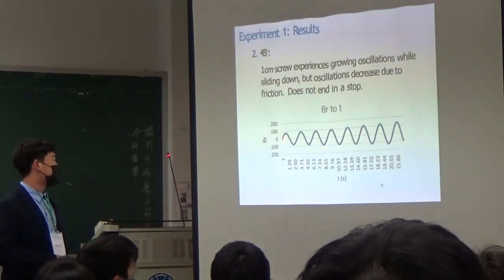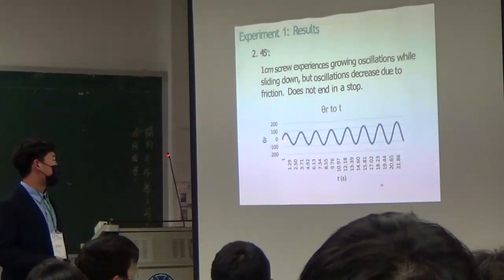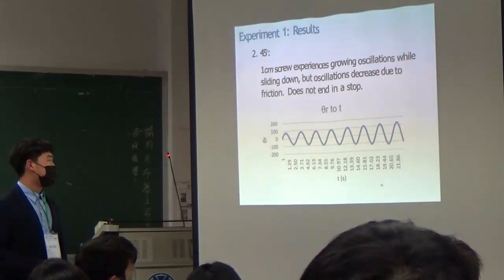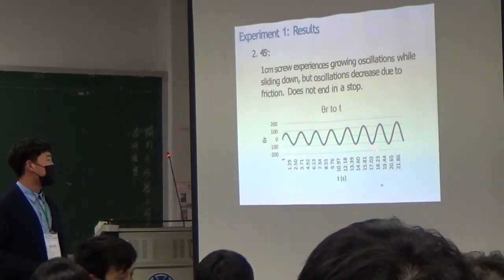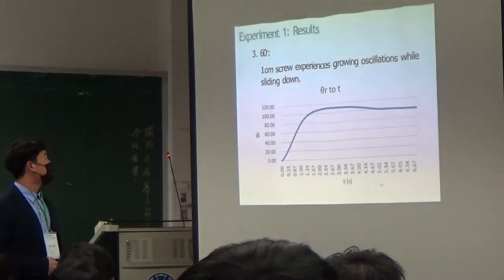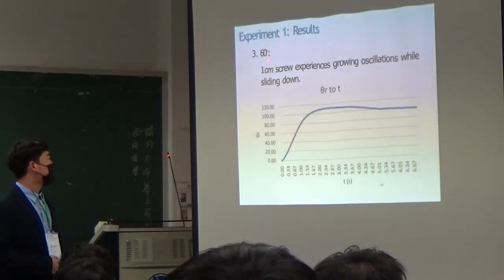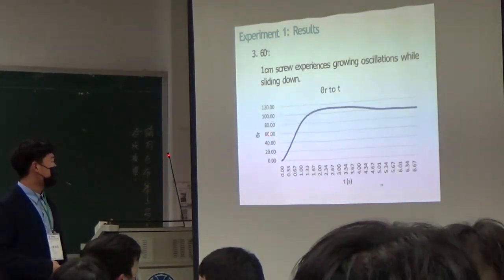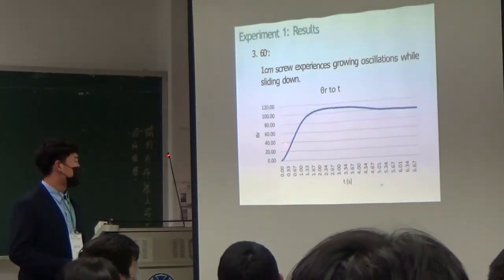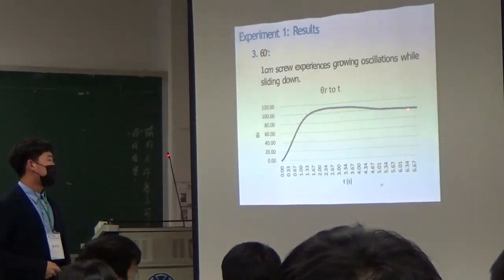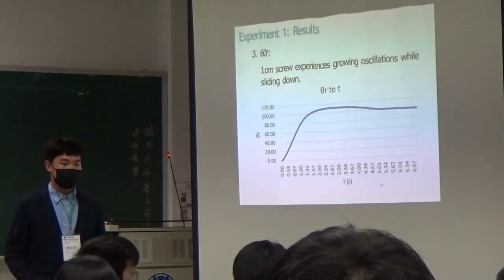We can see the position theta is not ending in a stop. And this is 60 degrees. We can see the position theta is increasing at first and constant at the end.